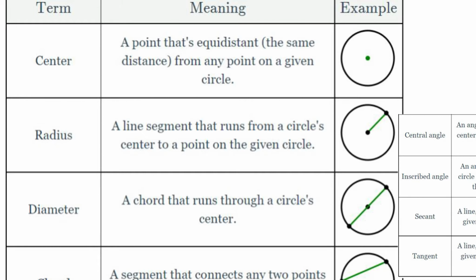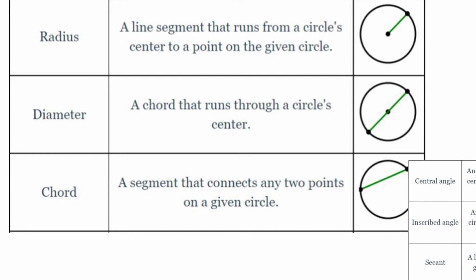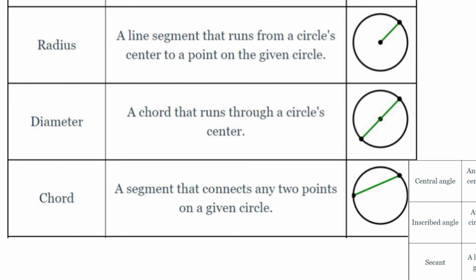Our radius is a line segment that runs from the center of the circle to any point on the circle. The diameter is a chord that runs through the center of the circle. Remembering the relationship between a radius and a diameter, remember, it's a 2-to-1 ratio between the two of those things. And then, like we said, a chord is a segment with two points on a given circle.